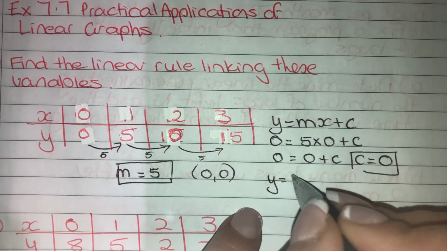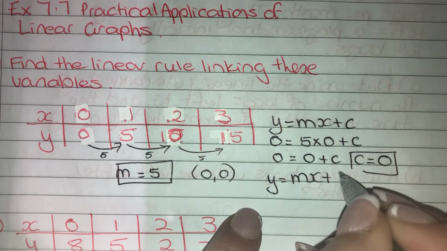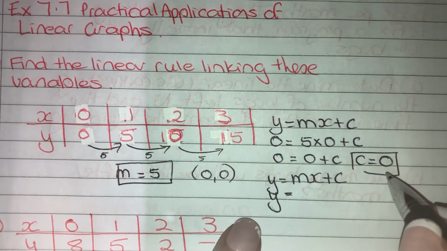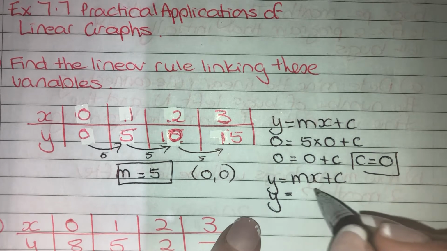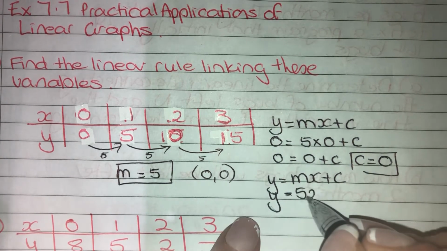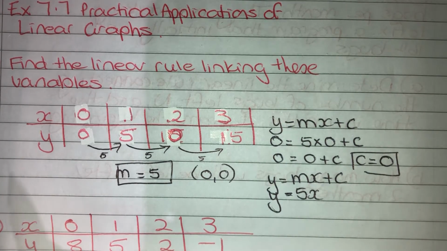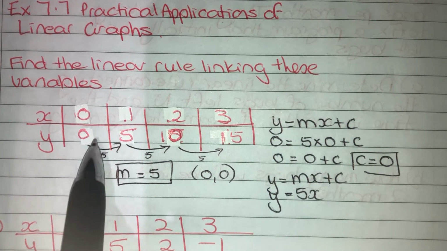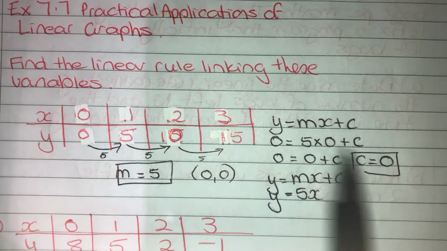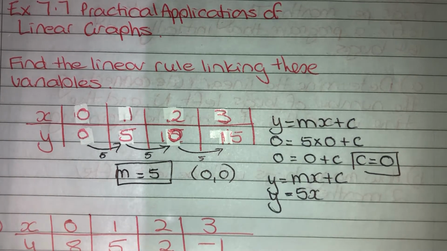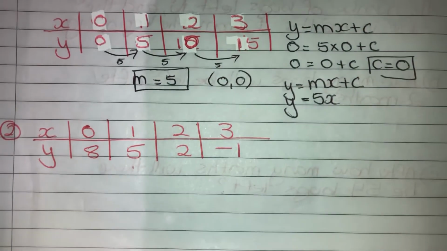And we put that into our equation, y equals mx plus c. So y is equal to 5x plus c. We don't write anything. Now, some of you will know that if the y is 0 here, it just means it's going to be a 0 y-intercept anyway. But I'm showing you that way because that's the way you need to do it most of the time.